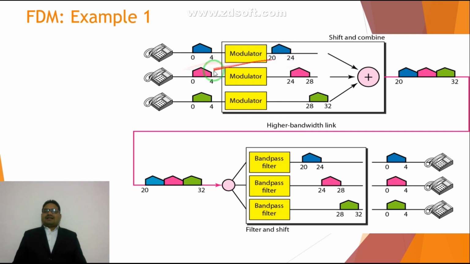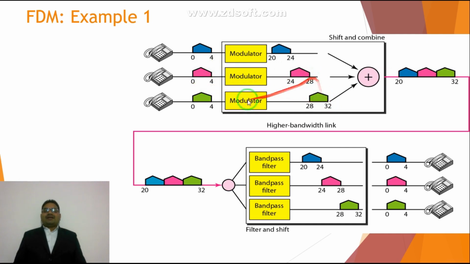Since these signals have a common bandwidth of 4 kilohertz, we can't allocate the second voice channel into the same range, 20 to 24 kilohertz. Why? Because overlapping, interference and distortion would occur. So we assign the second channel a frequency range from 24 to 28 kilohertz, because the bandwidth is 4 kilohertz.